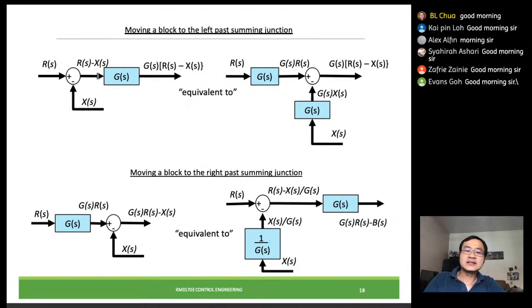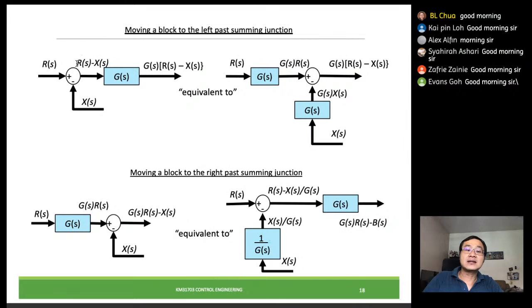So what happens is that we now see how the signal has changed before we create an equivalent. The signal comes in, going through this summing junction, when there is a minus x coming in, so the error signal here would be R minus x.